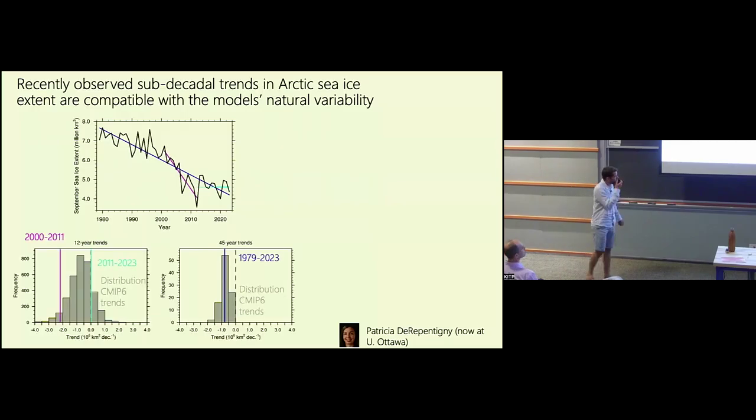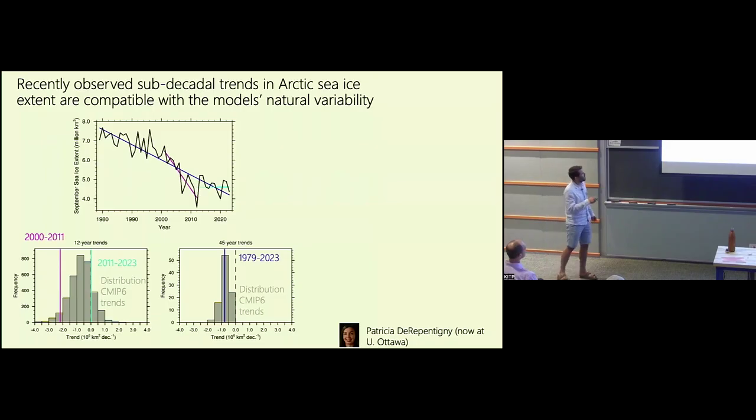And so Patricia de Repentigny, who is now at the University of Ottawa, but who worked with us for a couple of years, has produced these histograms of all possible 12-year trends and then 45-year trends from the CMIP6 models, and has placed the 2000 to 2011 trend here in purple, and then the 2011 to 2023 trend in blue, in cyan.